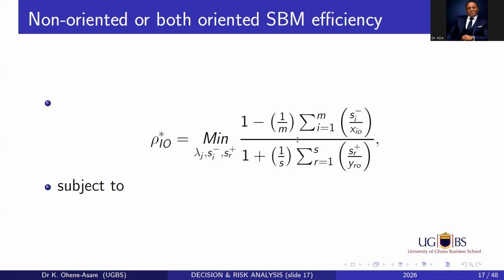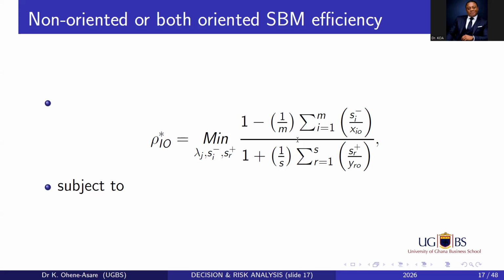Now let's go to the numerator. How can you increase the numerator? What is one way of increasing the numerator? Is by reducing what? The slacks. Exactly, the sum of the slacks.